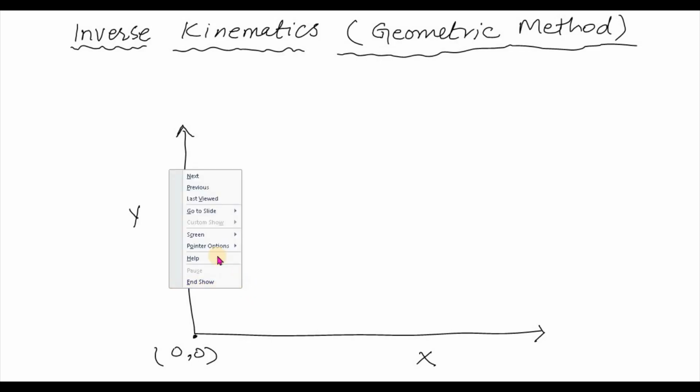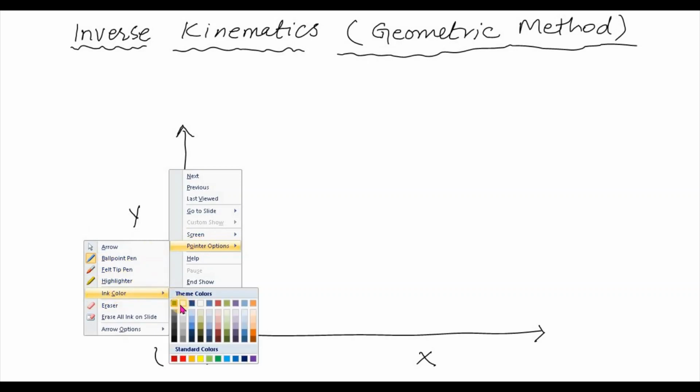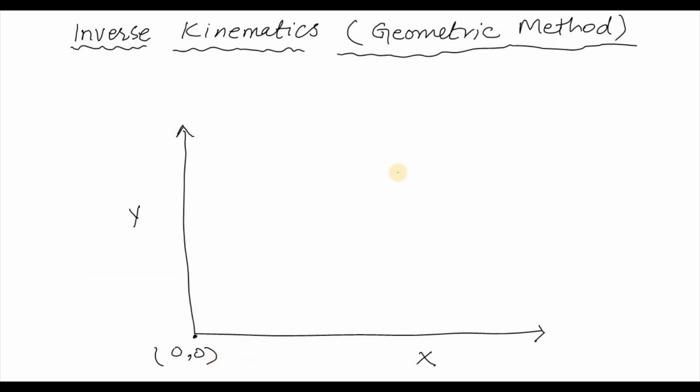So now let's draw our robot. This time we start from our end effector, which was somewhere here. This is the final position xy of our end effector, and we want to know what is the configuration of your robotic arm, or what are the angles of the robot that result in this location of your end effector.